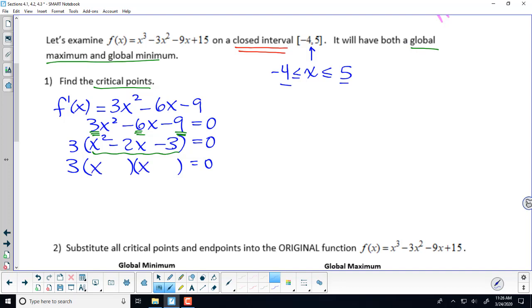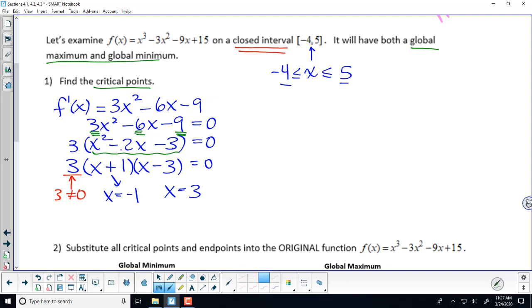Multiply to be -3, add up to be -2. So it's going to be 3 and 1. So it's going to be x plus 1, x minus 3. All right. So set each factor equal to 0. This will never be 0, so it does not give me a critical point. This one's going to give me x equals -1, and this one's going to give me x equals 3.